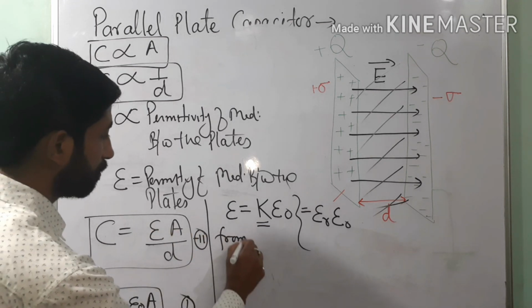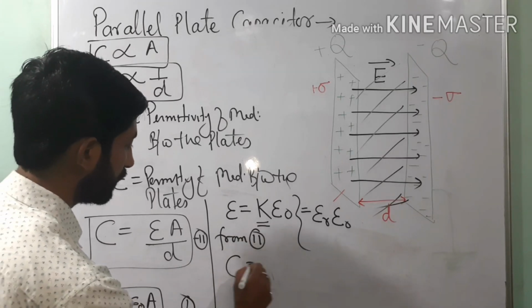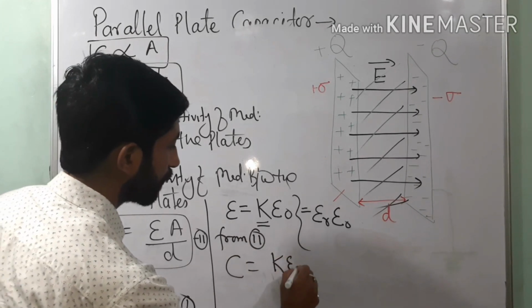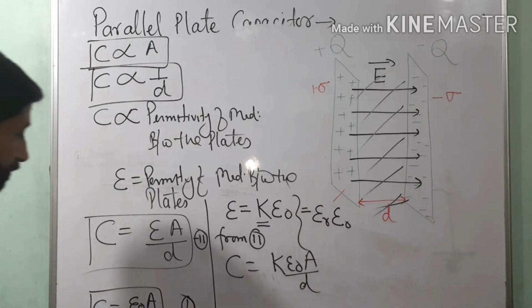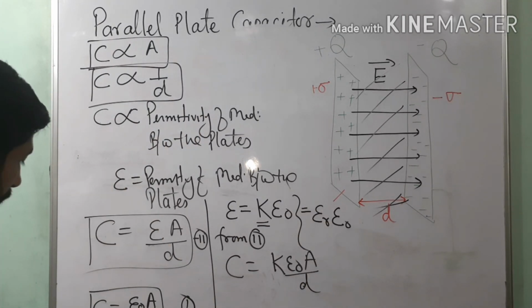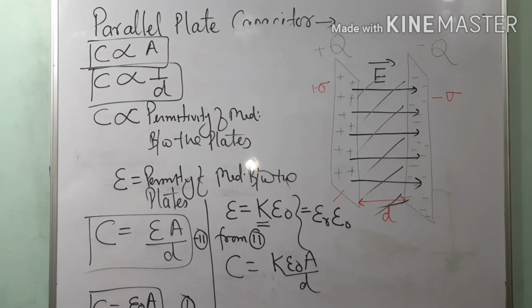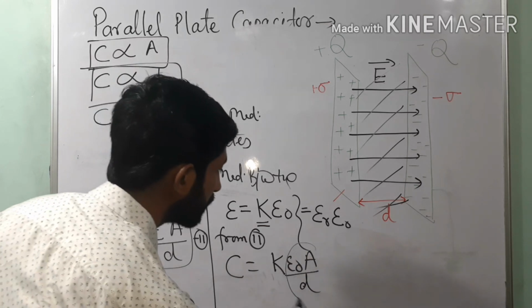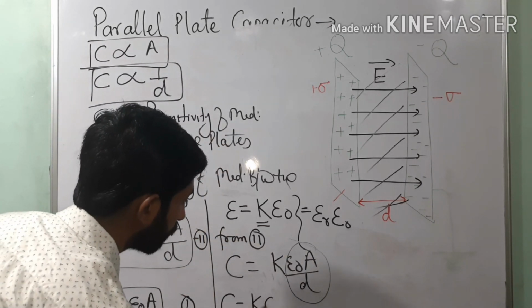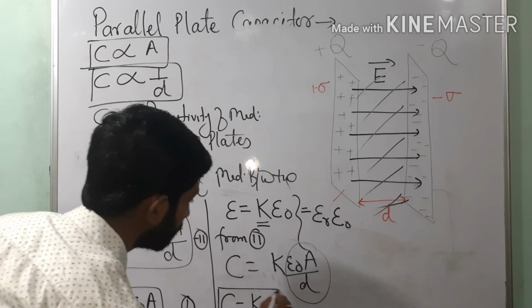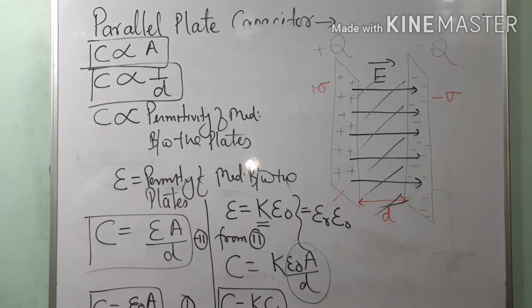Then from equation 2, C is equal to K epsilon 0 A over D. Now if I name this term as C naught for when the medium was air, so I get, this is my C naught. So C is equal to K times C naught. Okay, very simple.